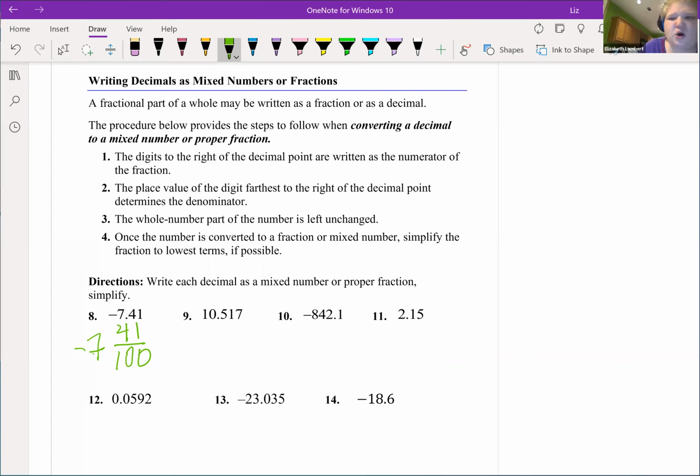You can always think of mixed numbers as the sum of the whole and that proper fraction. The catch is when you have a negative, it's really those two things that are negative. So you would actually think of it as the negative of 7 and 41/100ths if you wanted. Because there's not a good way to type 7 and 41/100ths in the calculator.